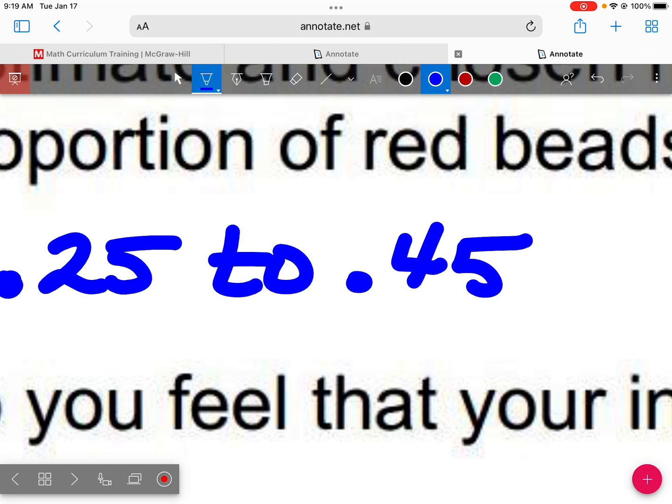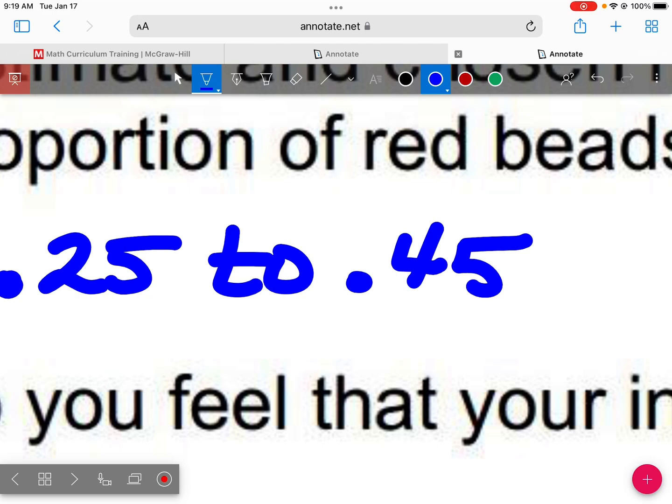How confident do you feel that your interval captures the true proportion? About how much? 80%. About 80%. Anybody feel more confident than that? So somewhere around 80%.